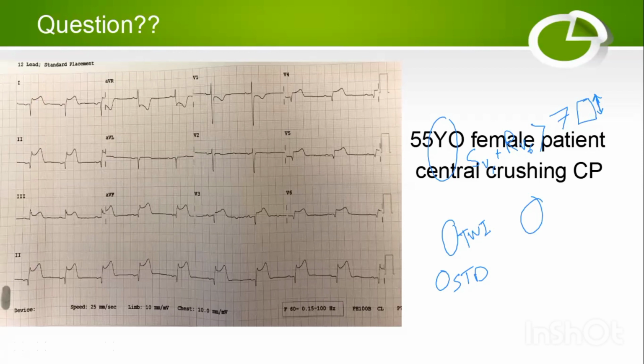And there is another diagnosis here. Look at aVR, lead 1, and lead aVL. It is a reversal of leads: lead aVR is positive, and lead 1 and lead aVL are negative.